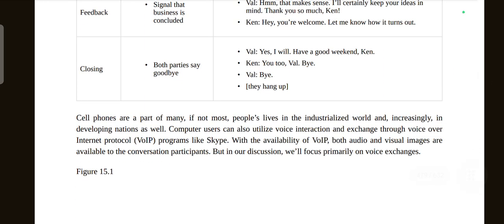Now, cell phones, they are part of many people's lives in the industrialized world and in developing nations as well. So computer users can also utilize voice interaction and exchange through voice over internet protocol or VoIP programs like Skype, Facebook.